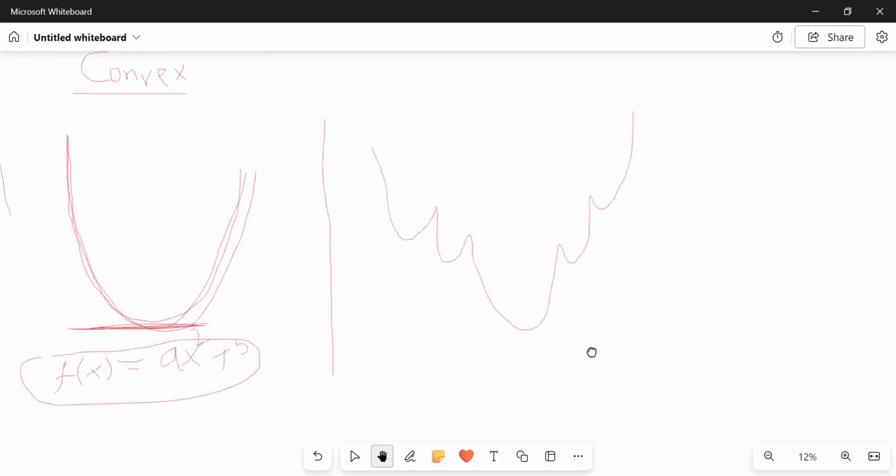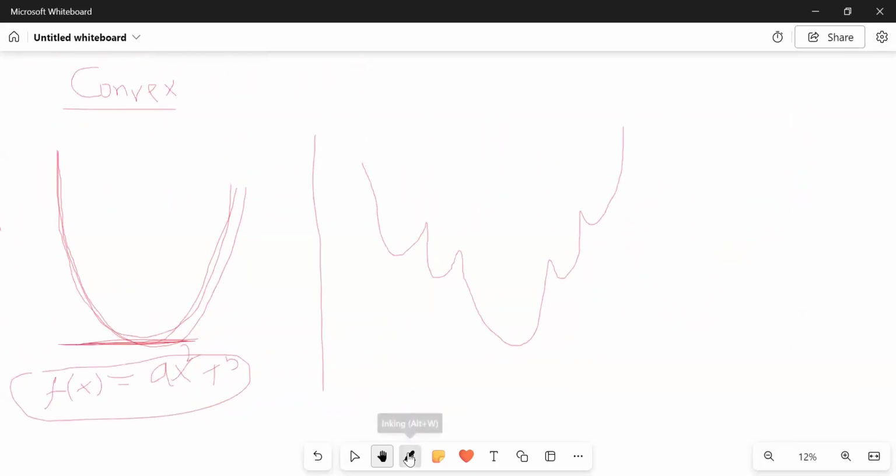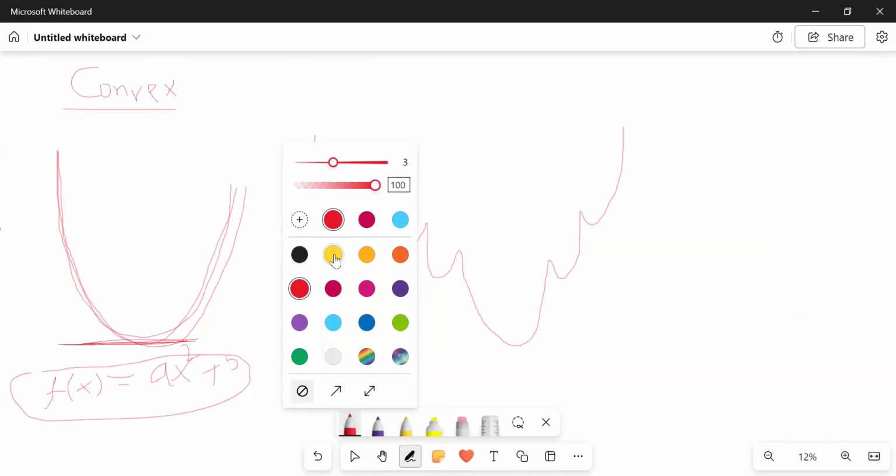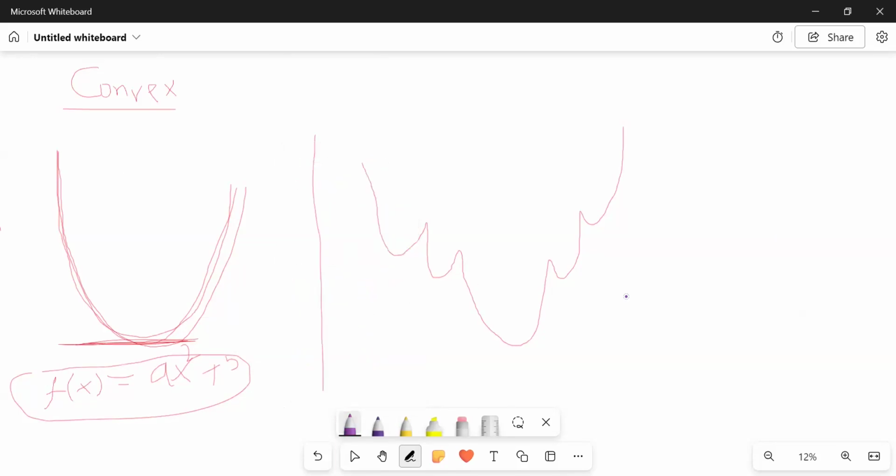Okay. And this graph, the problem with this graph is that it has many minima. The minimum point will be here, one here, one here, one here.